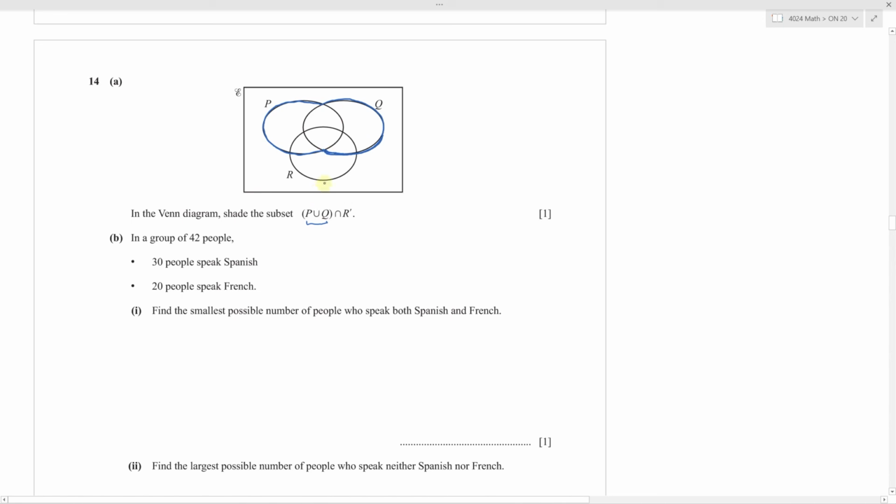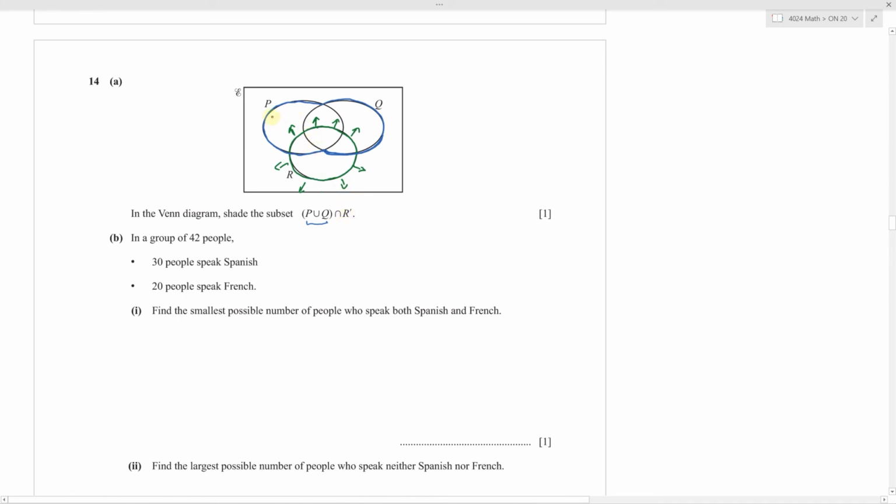And then let me draw the boundary for R complement as well. So this is R. The green line represents the set R, and everything outside of this green boundary is R complement. Now we have to find the intersection of everything that is inside blue but outside of green, because we have R complement.